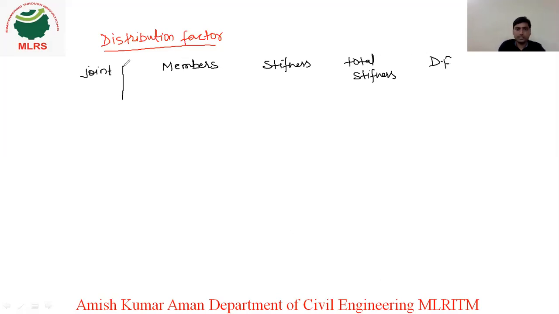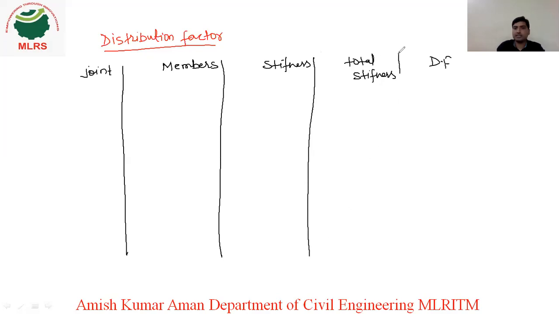So we will have joints here, members here, stiffness, then we will calculate total stiffness, and finally we will get distribution factor.